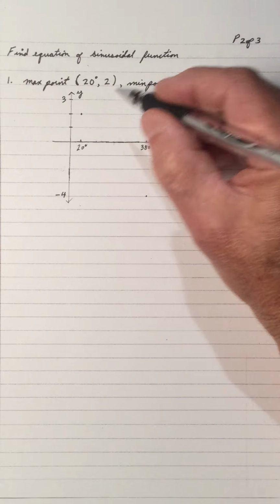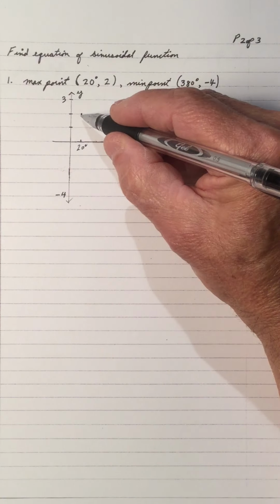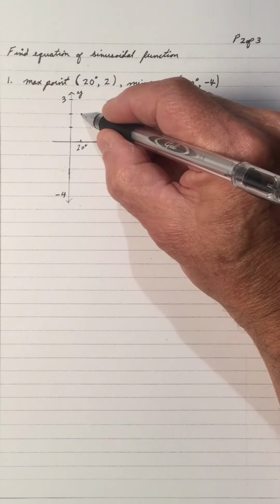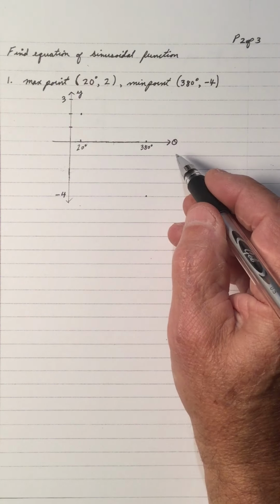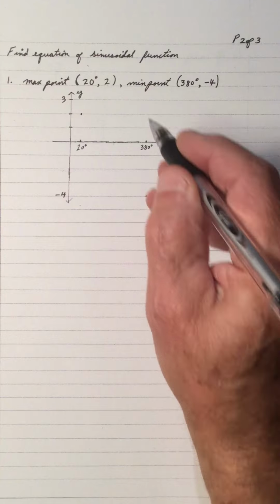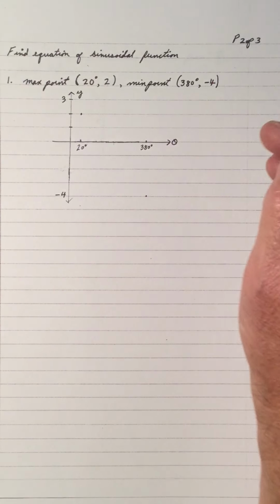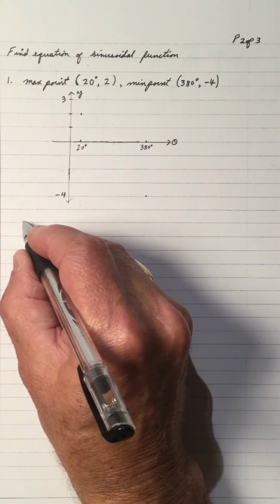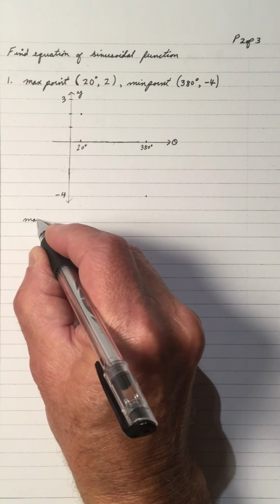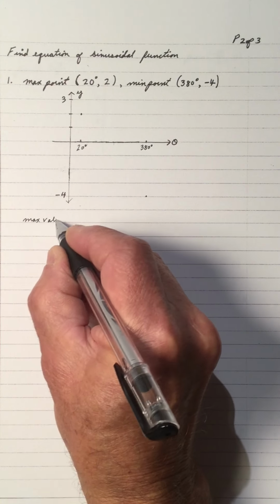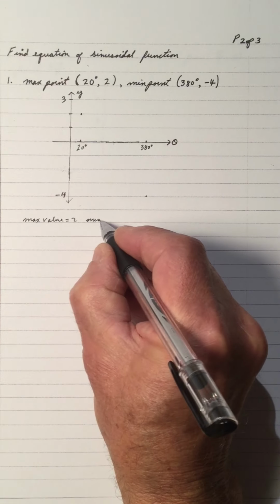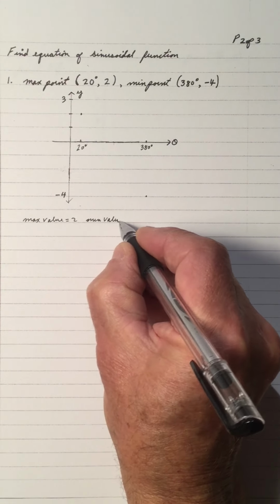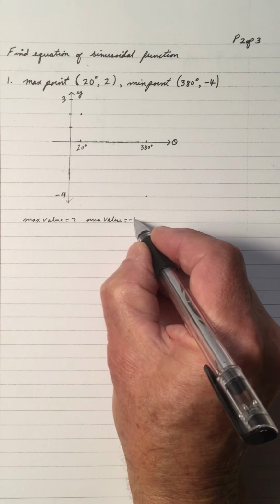So what happens is that this is the maximum point going down to the minimum point, in between 2 and negative 4. We have a maximum value of 2 and a minimum value of negative 4.